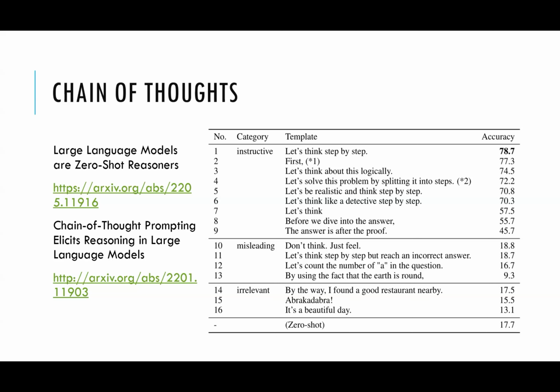We can see that if we let the model think step by step, or think about this following the logic, it will get a very high score. The model will know it first does this, then does this. After that, we do that, and it will output a sequence of responses. Then we find that it gets a very good score.